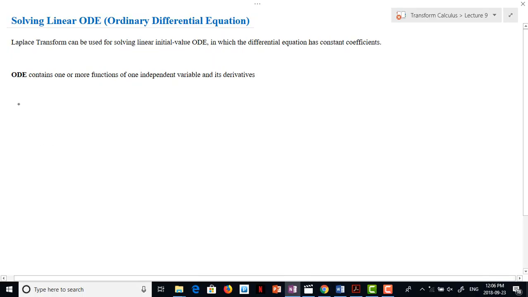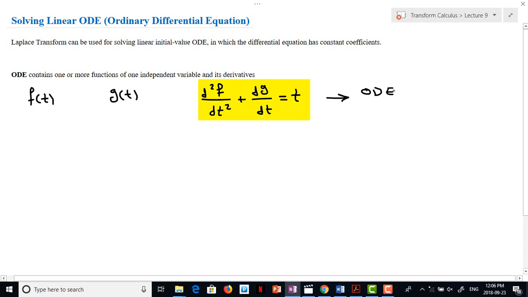For example, let's say we have f(t), a function of t, and g(t), and g is a function of t as well. So for example, second derivative of f plus derivative of g with respect to t equal to t. This guy is an ordinary differential equation.